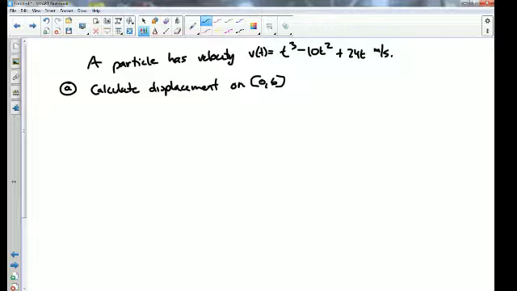Okay, what's the integral? Integrate 0 to 6 of t cubed minus 10t squared plus 24t. Does it need absolute value? No. Displacement does not.